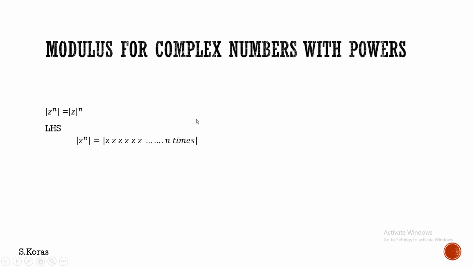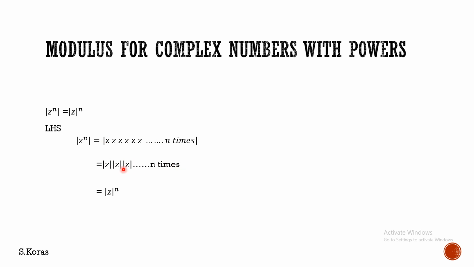Modulus of Z power n is equal to modulus of Z into Z, n times. You know the property, modulus of Z1 into Z2 can be written as modulus of Z1 into modulus of Z2. So we can split this modulus like this: modulus of Z into modulus of Z into modulus of Z, and it goes n times.